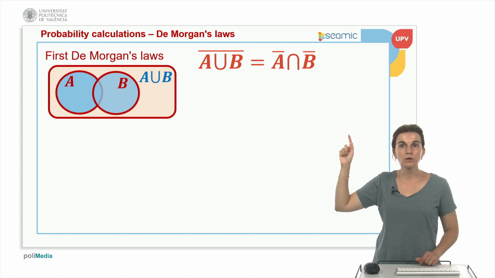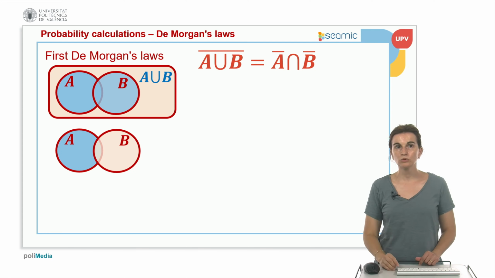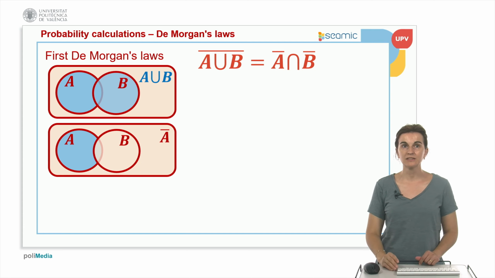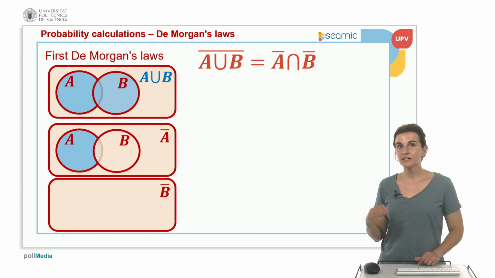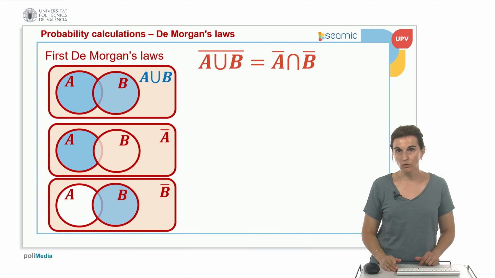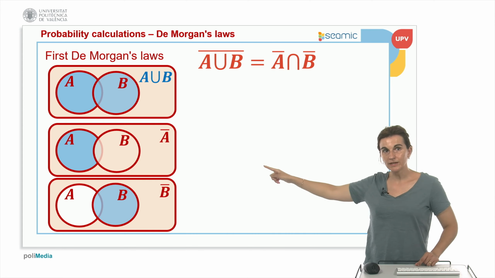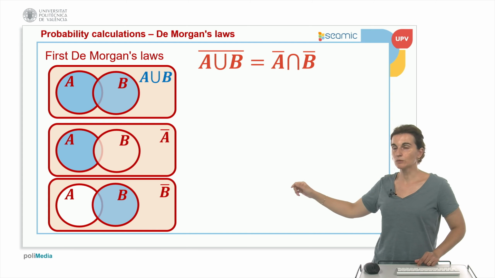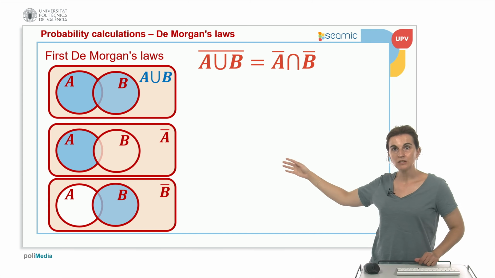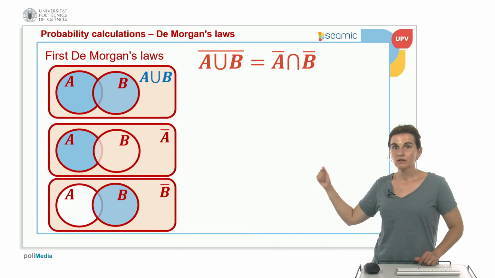So, if we want to obtain no A or B, what we need to do is to consider the area that remains outside A or the area that remains outside B. Here in blue, we are excluding A and B. Here with the letters in red, you may see which would be the area corresponding to no A and the area corresponding to no B.